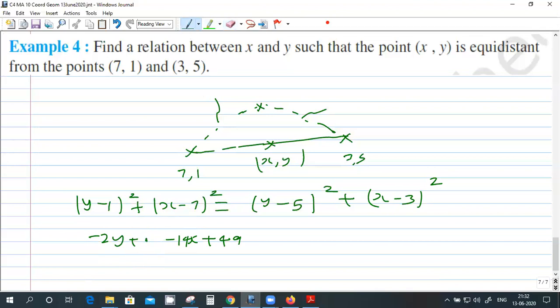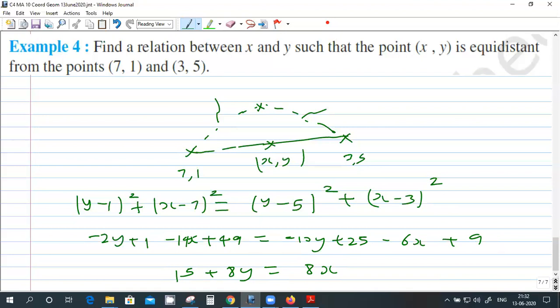This is plus 1, equal to minus 10y plus 25 minus 6x plus 9. So 14x, if you bring it here, 14 minus 6x, 8x, and then minus 10y, so it will become 8y. 25 is 34, right?